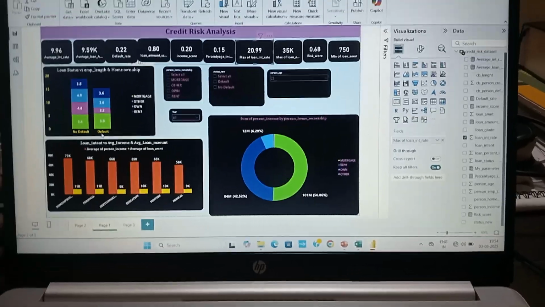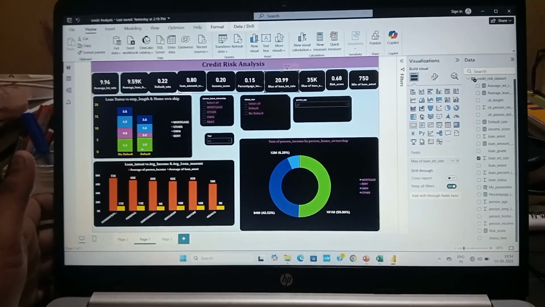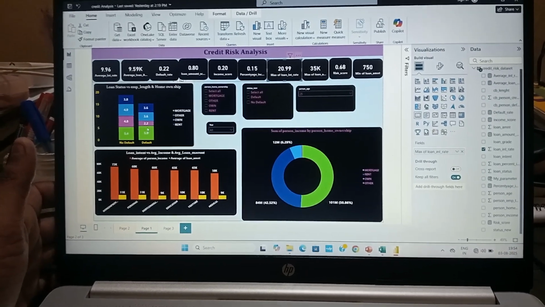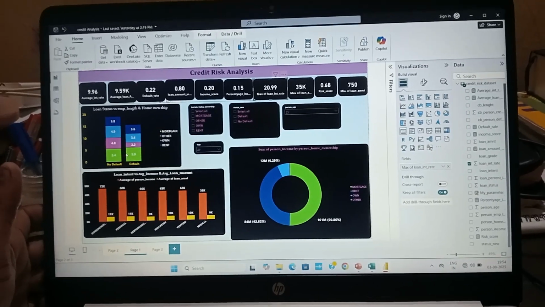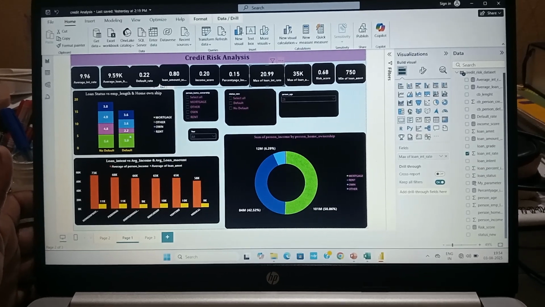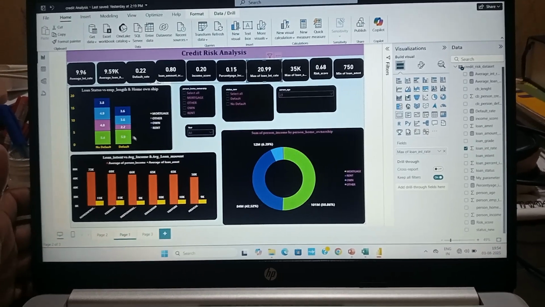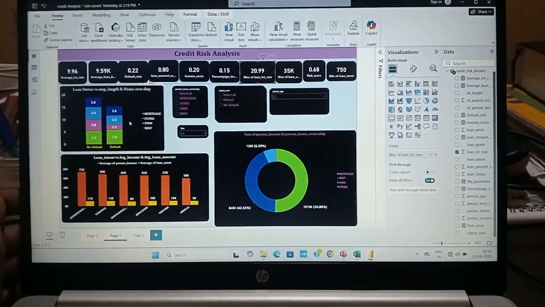But when we come to the default case, so many people there are from the mortgage. They are taking so much loan by using the mortgage, and they come to default. We can see they do not pay the previous loan either.